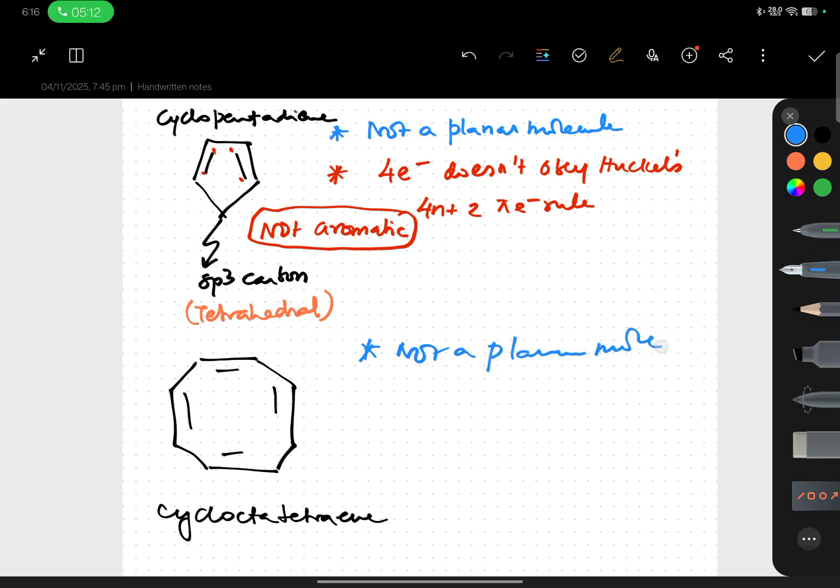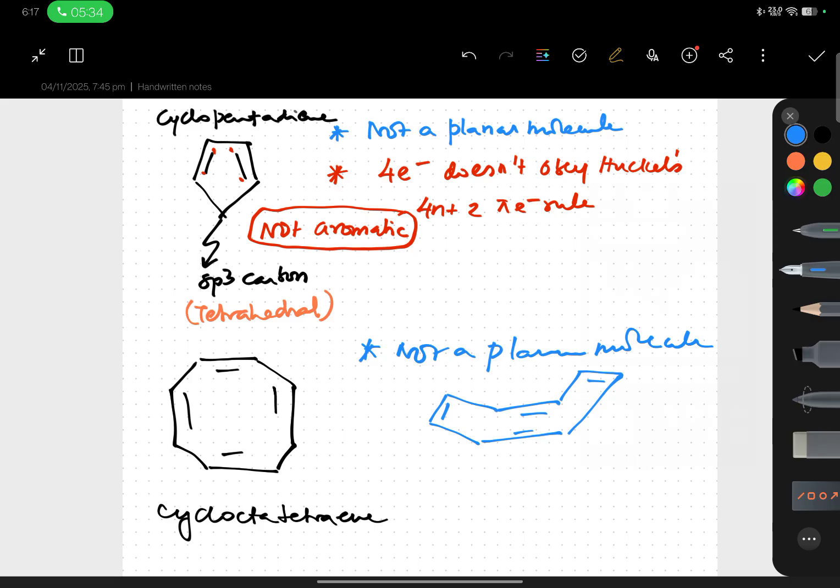Though the molecule looks to be having sp2 carbons, it is not planar. The molecule shape looks like this. Please copy this shape. So it has a non-planar structure.